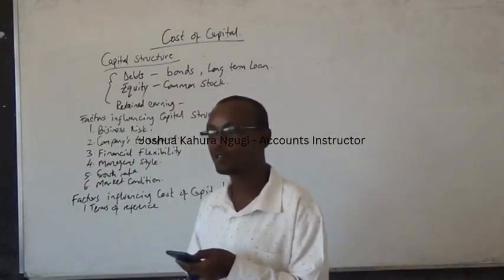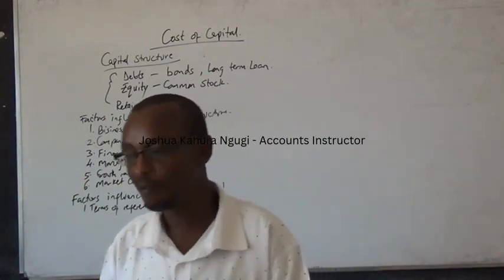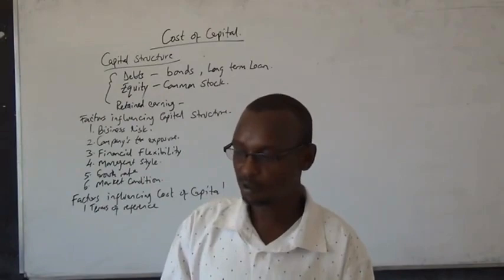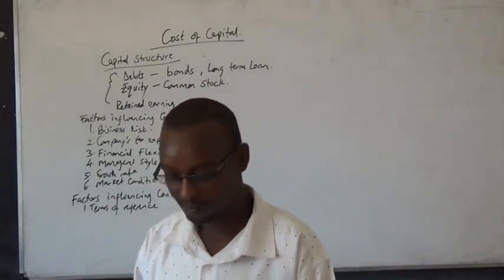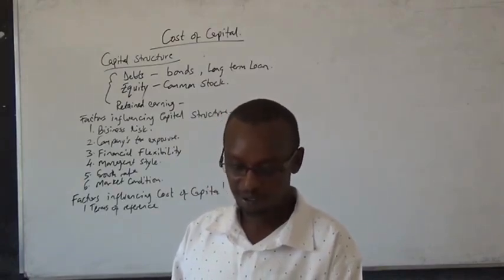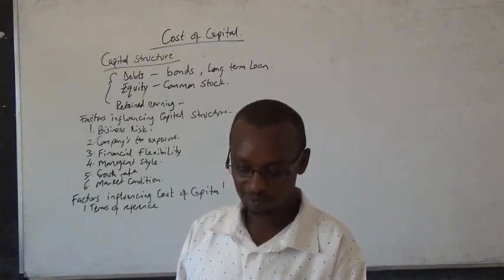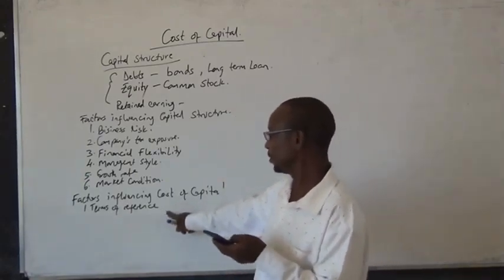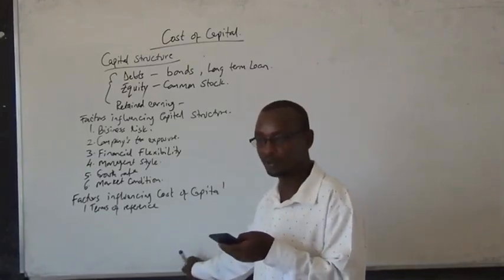If you hear one loan you pay 5% and another form of loan you pay 10%, which one will you go for? The terms. So if short term, the cost is usually low, and vice versa. You also find that in terms of reference, short term loans are very expensive.